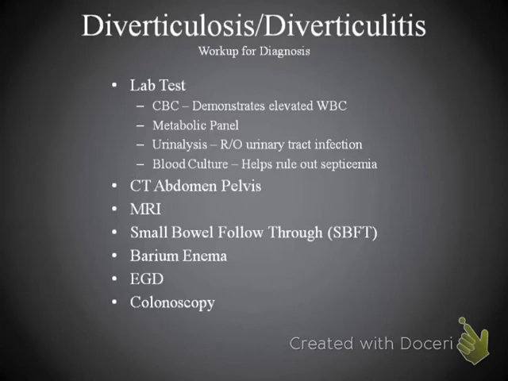Colonoscopy is usually a very excellent way to distinguish diverticular disease, because while you have the camera inside the patient, you can take biopsies and look at other things, so it provides a more rounded picture.